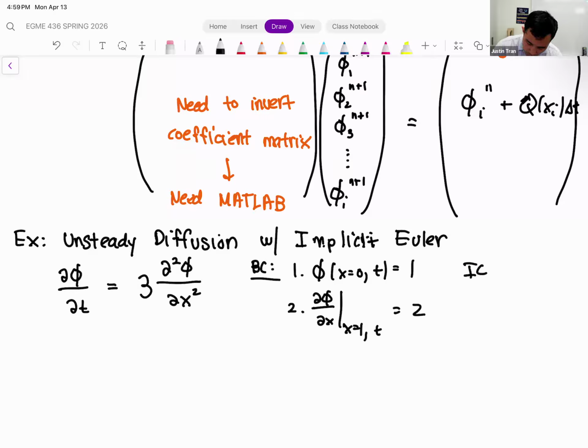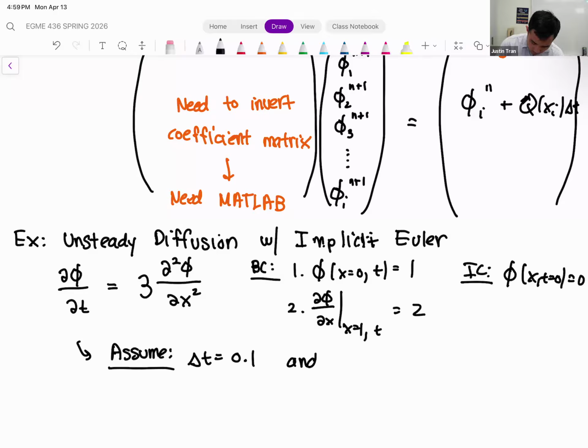Our initial condition is phi at x, t equal to 0, is equal to 0. Just like before, we're going to assume the same time step size and the same grid spacing. We're going to advance this forward in time.